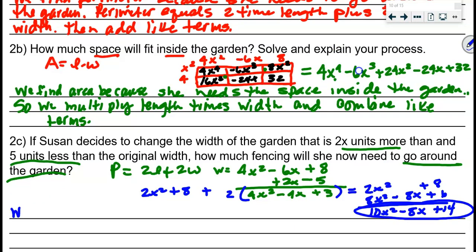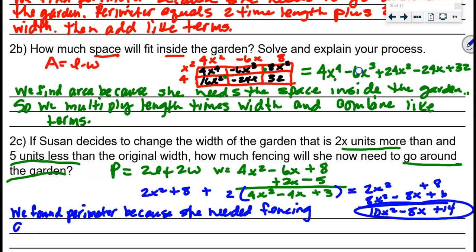So we would say again, we found perimeter because she needed fencing around the garden, right?